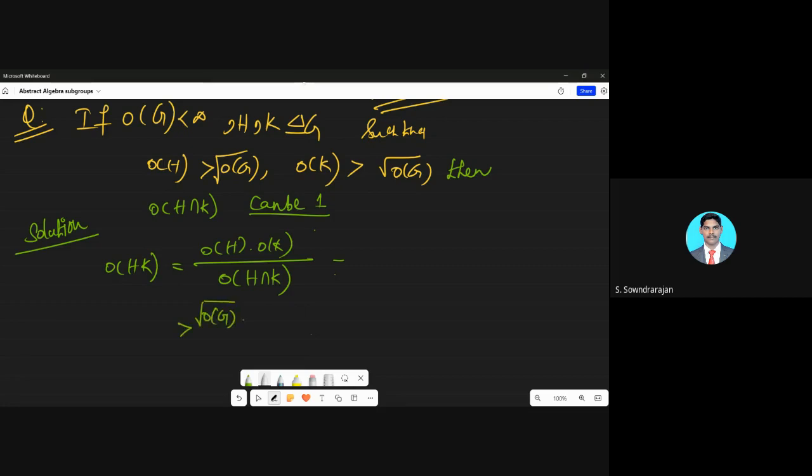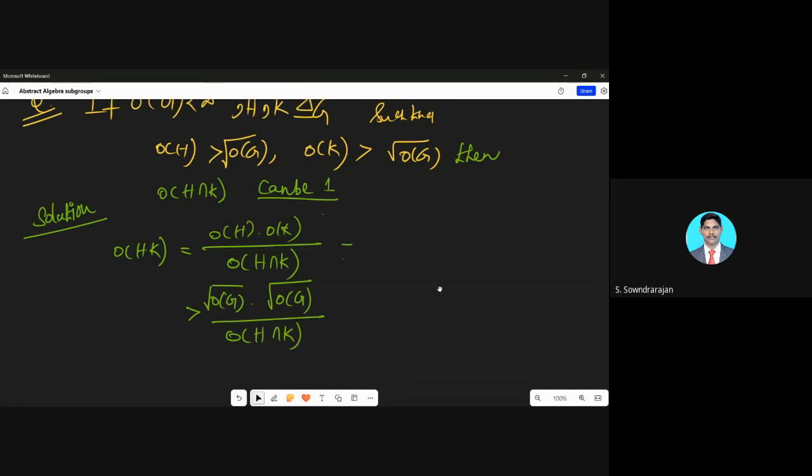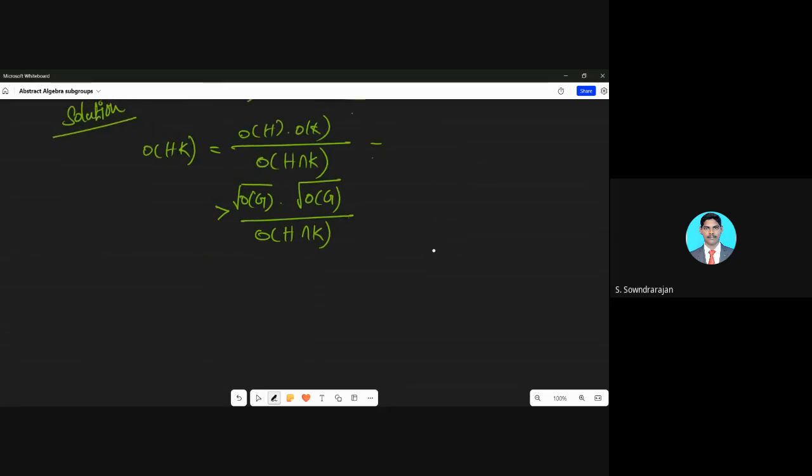Instead of order of K, we can substitute order of G divided by order of H intersection K. Right? Okay, so both terms are the same, so order of G divided by order of H intersection K. Right?